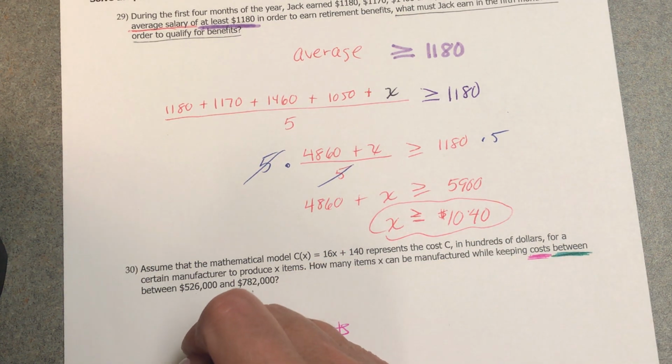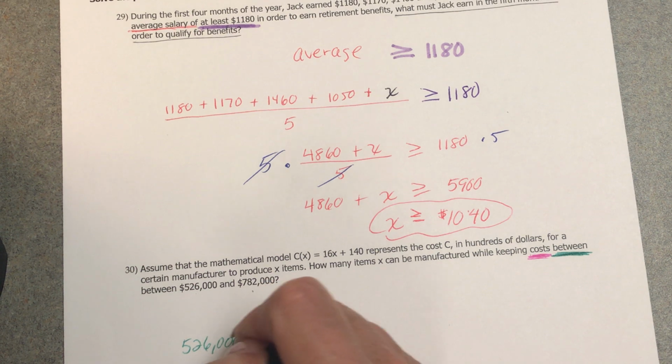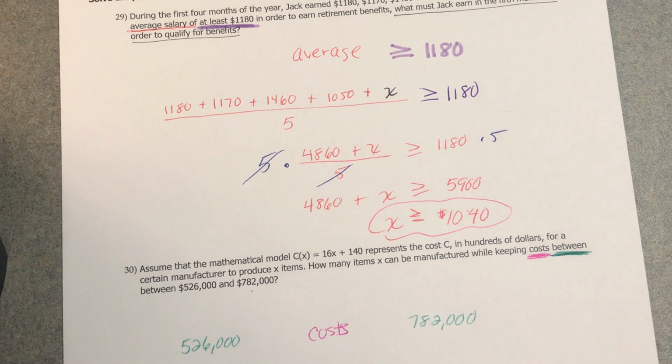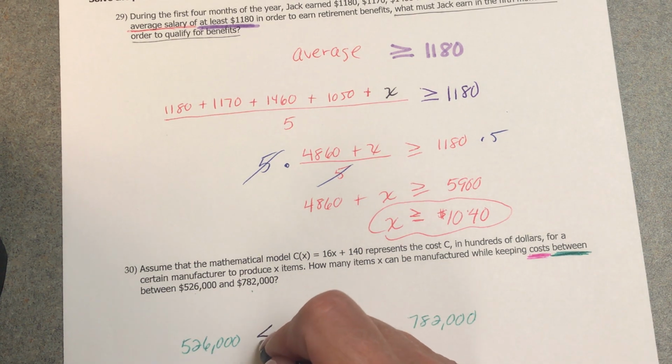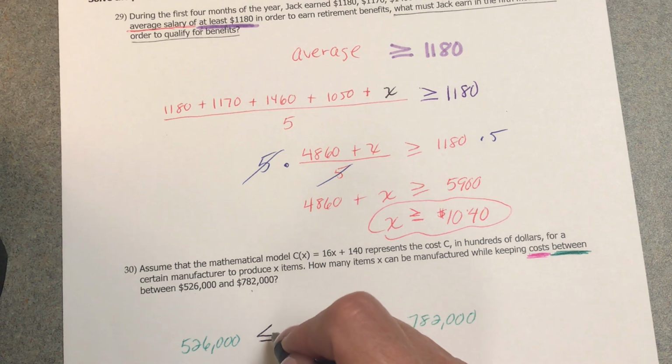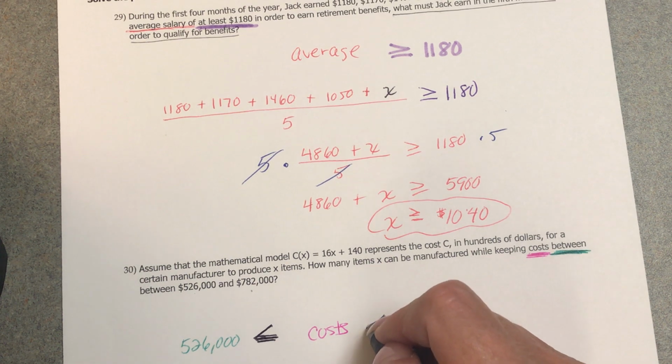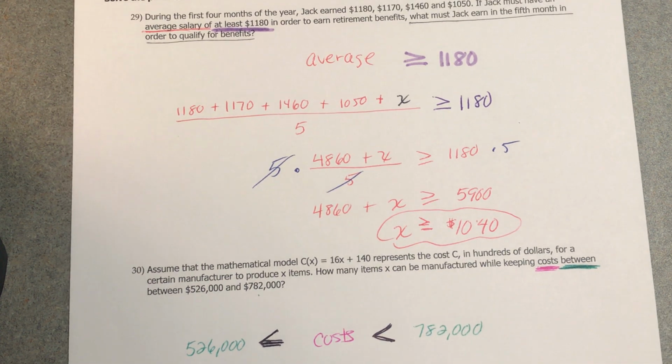Between would be just less than, no equal to on this, because it just says between, not including.